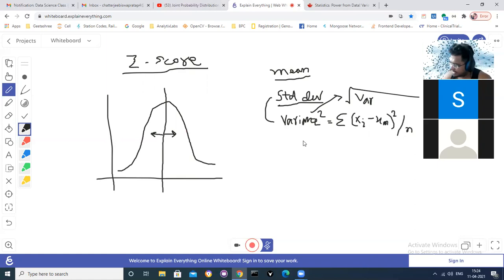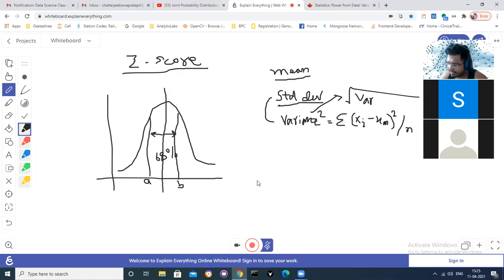So what it is said is that in a normal distribution, when a distribution is normal, in a range of one standard deviation, that means from mean, a standard deviation of 1 on the left and a standard deviation of 1 on the right, suppose these 2 points are A and B, 68% of the data will lie in this region.